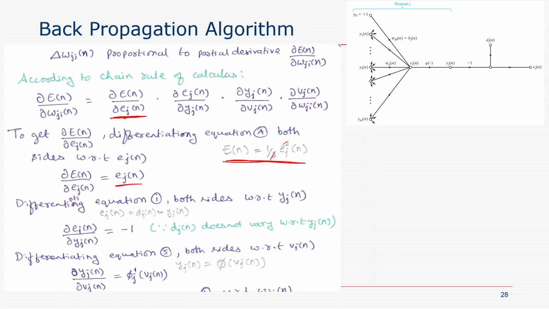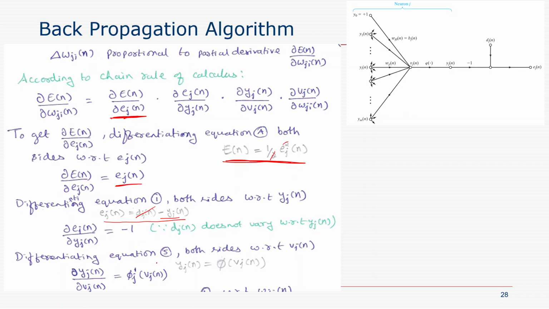Now differentiating equation 1, we had ej of n equal to dj of n minus yj of n, and differentiating on both sides with yj of n, we will get dou ej of n divided by dou yj of n as minus 1, because this dj of n is a constant. Actually, it will not vary with respect to yj. Therefore, this will give us the term minus 1.